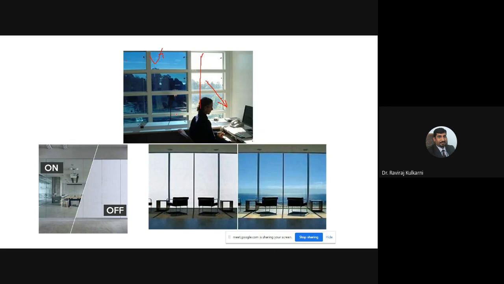So we don't have to use electric bulbs and all those things. On state and off state. When you don't want to control, keep it off so that light directly enters. When you want light to be controlled, on state. So you can use electricity, a small one.